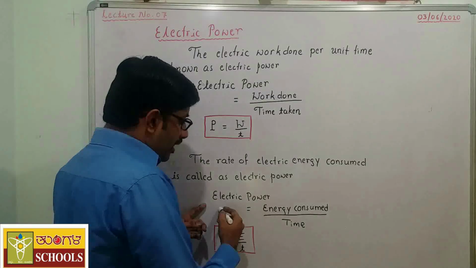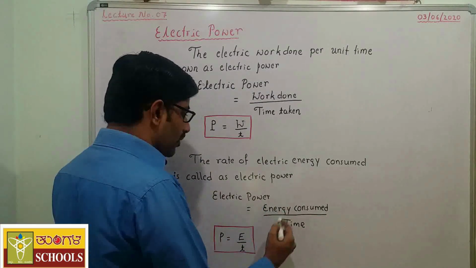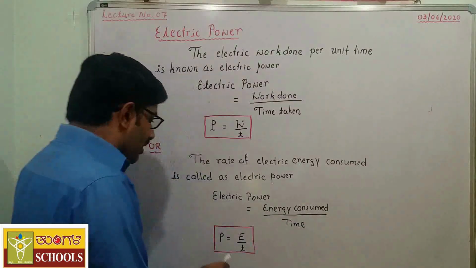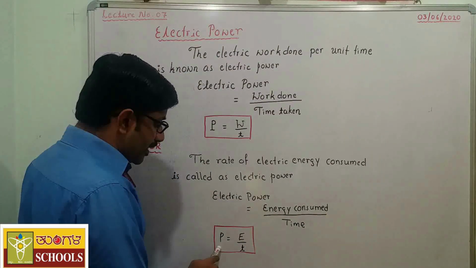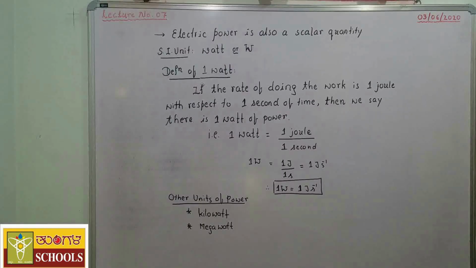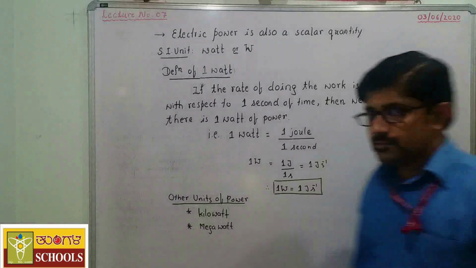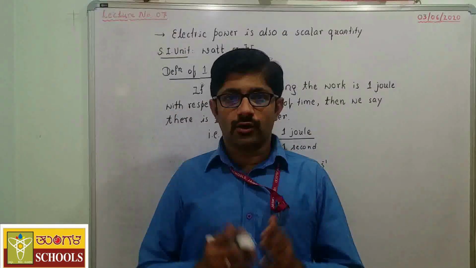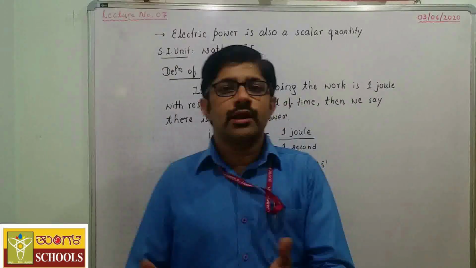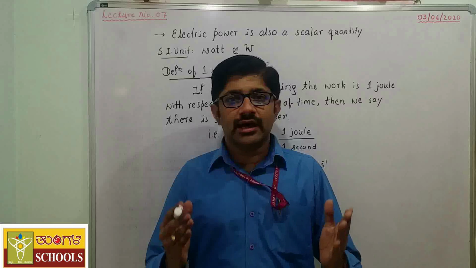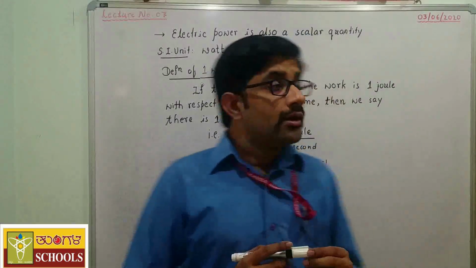Therefore, it can also be written as electric power is equal to energy consumed by time, P equal to E by T. Electric power is a scalar physical quantity, as mechanical power is also a scalar one.